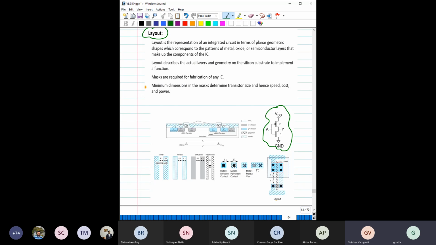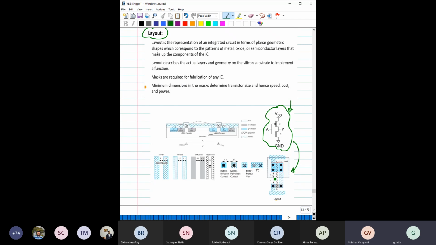When you talk to the foundry about making this inverter, the foundry will give you some directions: do your design based on these criteria, there are some rules for how you can design this. They will probably also send some software, and you have to use that software to make this circuit-level, transistor-level representation. So here you can see this is basically the PMOS and this is the N well.